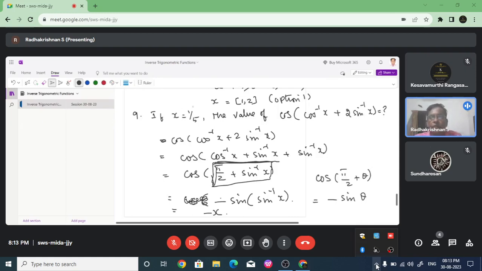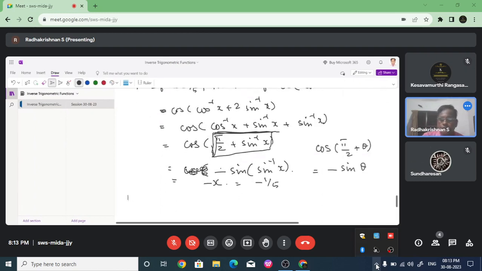X is given as 1 by 5. Therefore, minus x will be minus 1 by 5. Right? Because sin of sin inverse x is x. You got it now, Sundaresan? Yes, sir. Okay.